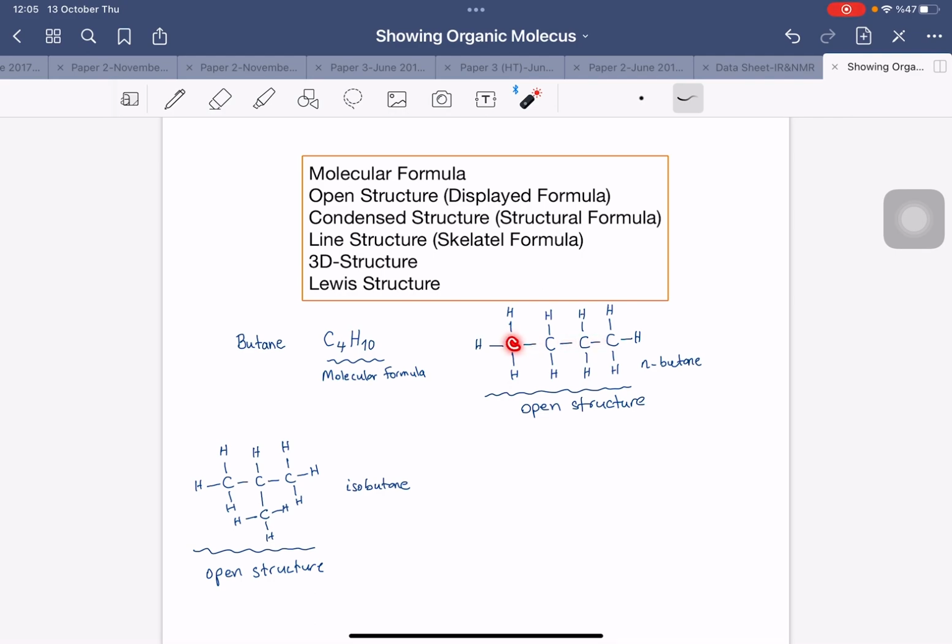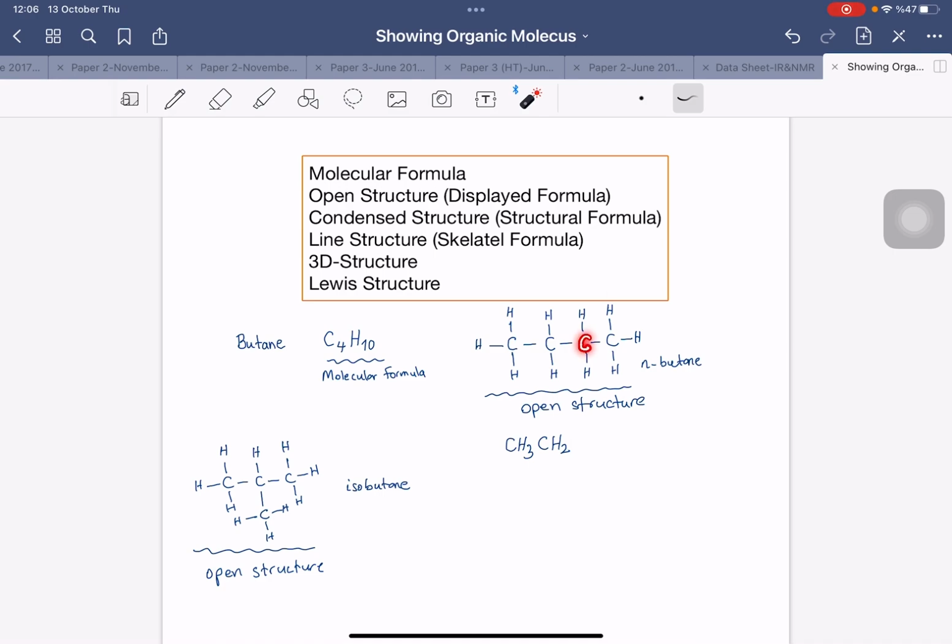As you can see, this carbon has 3 hydrogen atoms, so I'm just writing this as CH3. Next carbon has 2 hydrogens connected. CH2.